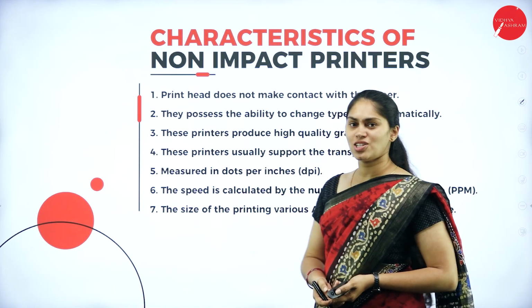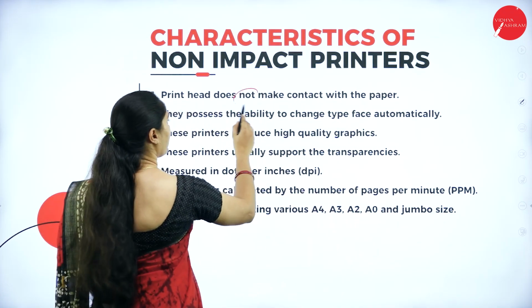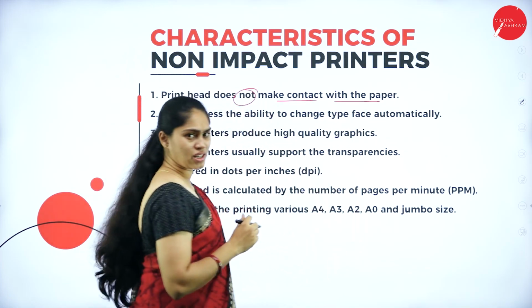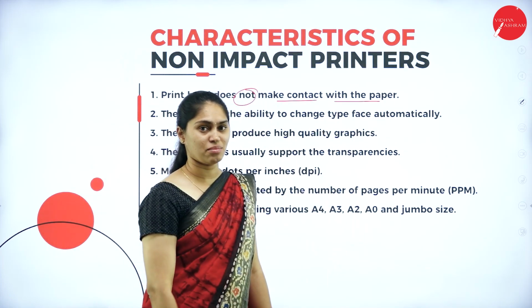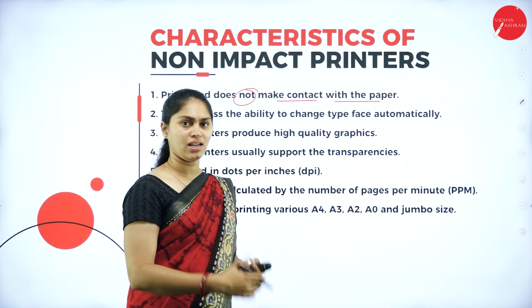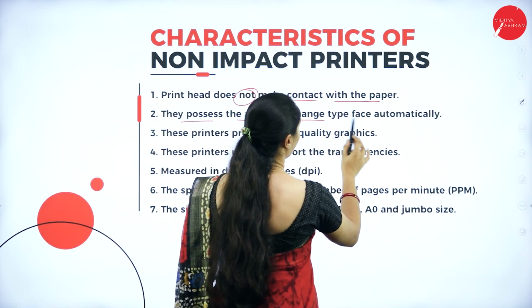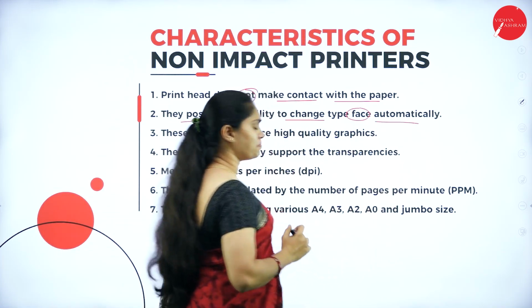We'll see the characteristics of the non-impact printer here. What is the first one? It does not make any contact with the paper. There is no striking mechanism in this non-impact printer. There is no contact between the paper and a striking head, and also they possess the ability to change the typeface automatically.